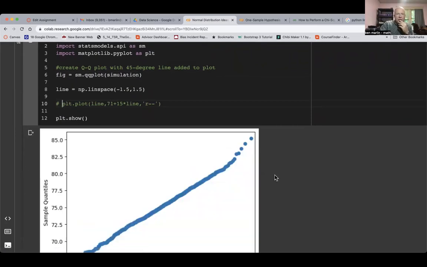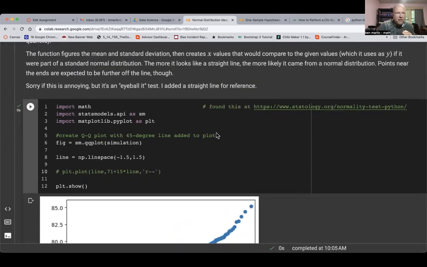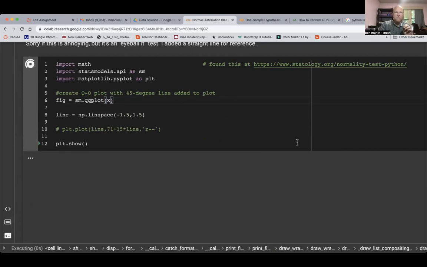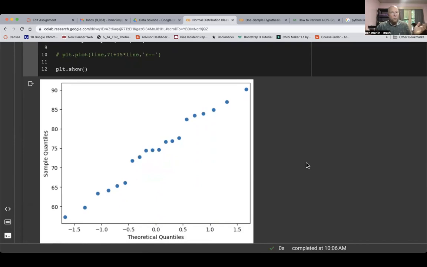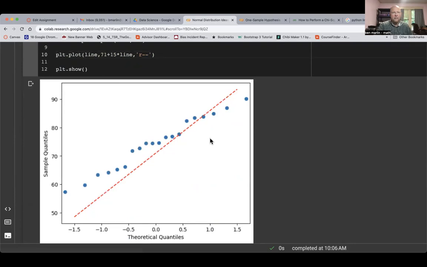But okay, so if you do that with the simulation, the thing that you'll see is that that data looks to be a straight line, like really straight, except for at the ends of it. But if we do that with the X instead, his QQ plot only sort of looks like a straight line. And let me put my guess of a straight line back in there. And my guess isn't very good.